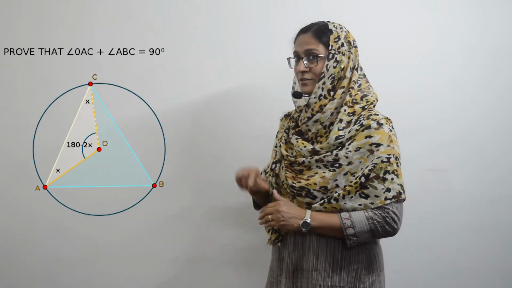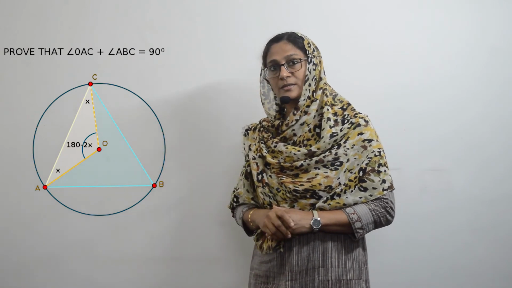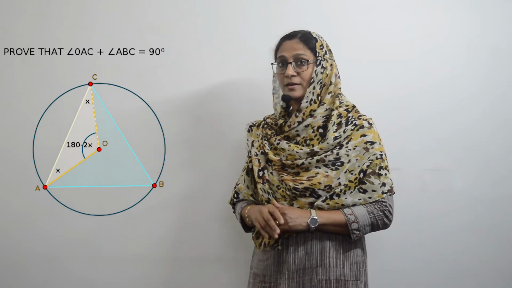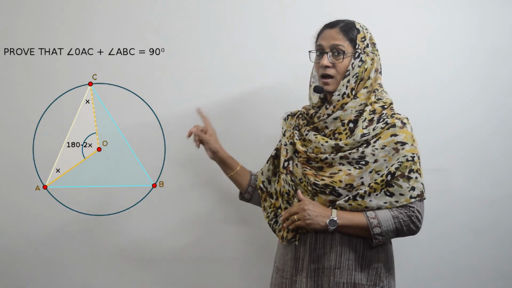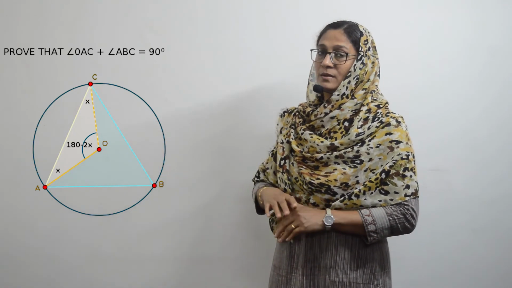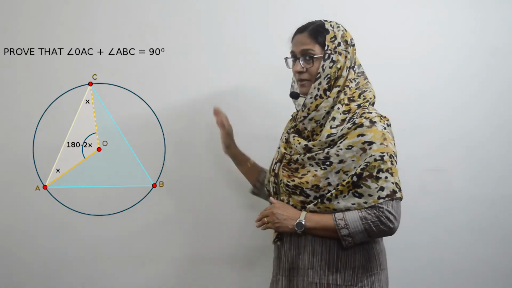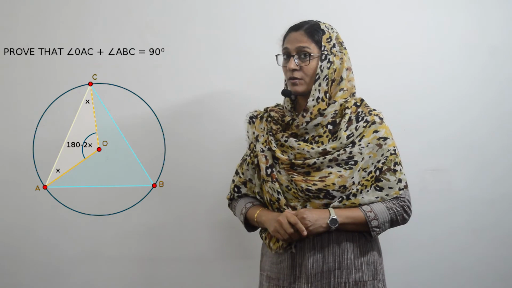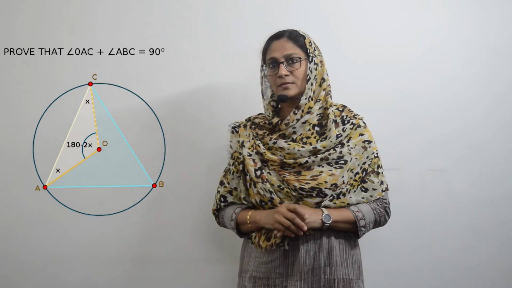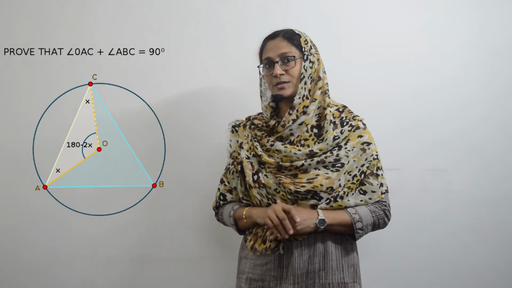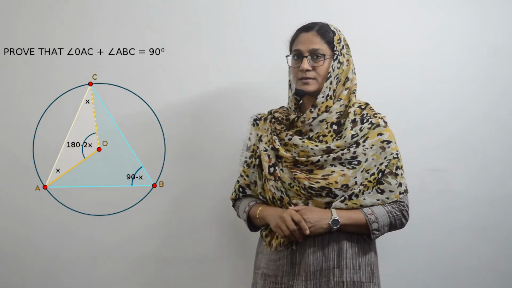And that central angle is what we have just seen, 180 minus 2x. 180 minus 2x is the central angle of the arc opposite to the angle ABC. So that means angle ABC will have half the measure of the central angle. What is half of 180 minus 2x? 90 minus x. Yes, 90 minus x. So the measure of angle ABC is 90 minus x.